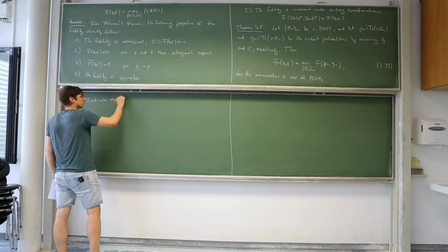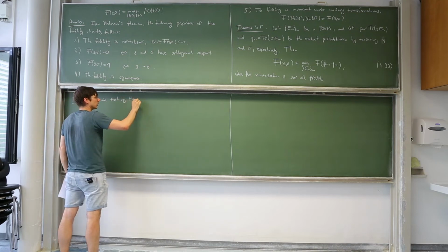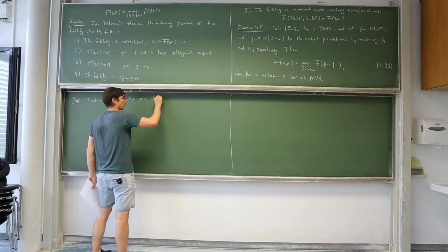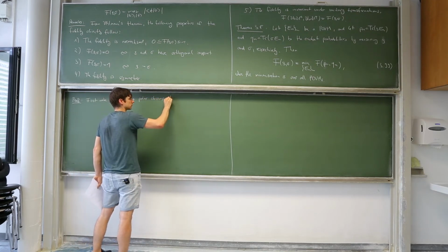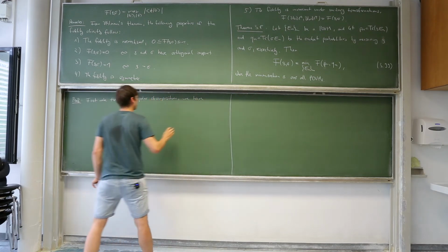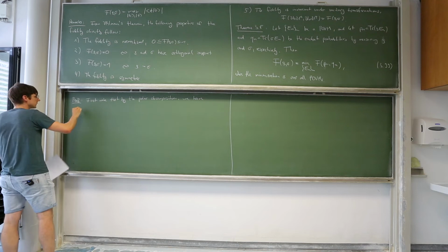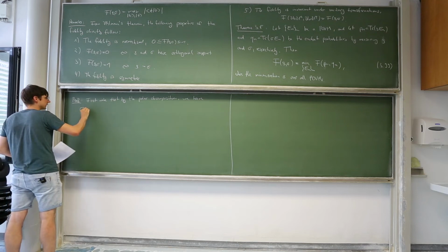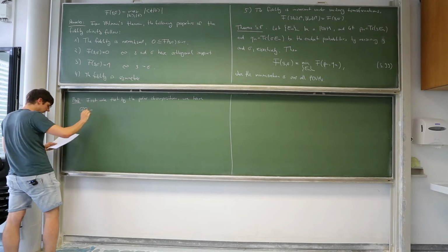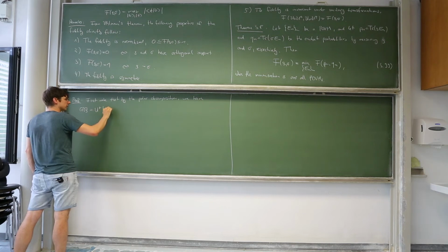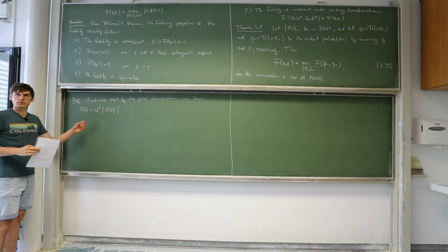First note that by the polar decomposition, sqrt(sigma) sqrt(rho) can be written as U dagger times the modulus of sqrt(sigma) sqrt(rho), where U is unitary.